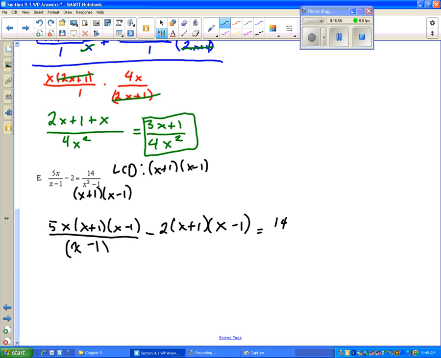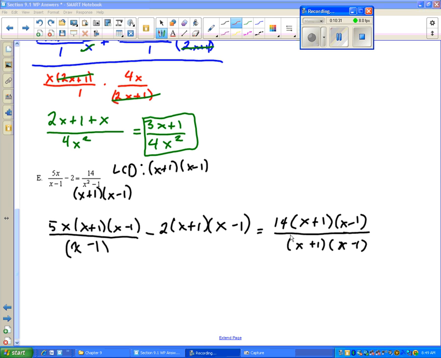So this is equal to 14 times x plus 1 over x minus 1 divided by x plus 1 times x minus 1. Why? Because that's already what my denominator is. So this is my denominator, x plus 1, x minus 1.